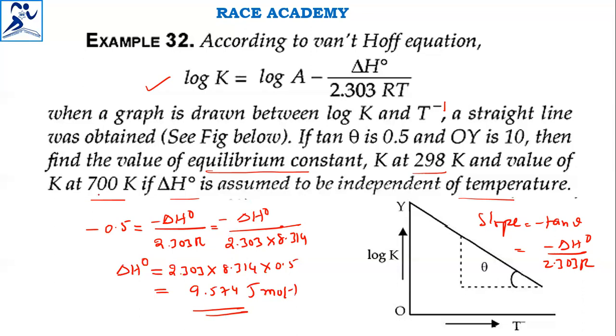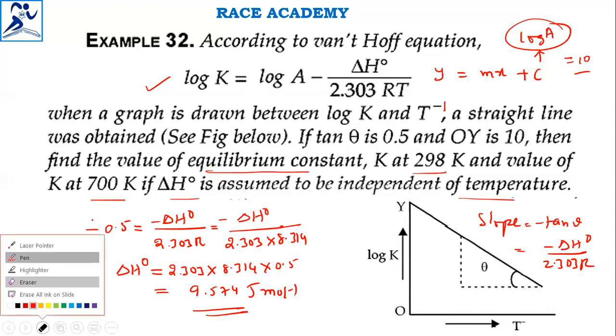The other thing we have to notice is the intercept in the equation. If you compare the given expression with y equals mx plus c, the c is nothing but log A, and that log A is OY. That value is given as 10 in the question. So when the log A value is 10, we can directly substitute it to find the equilibrium constant at 298 Kelvin.